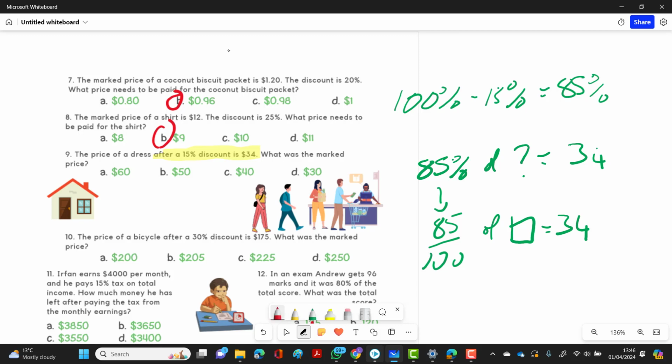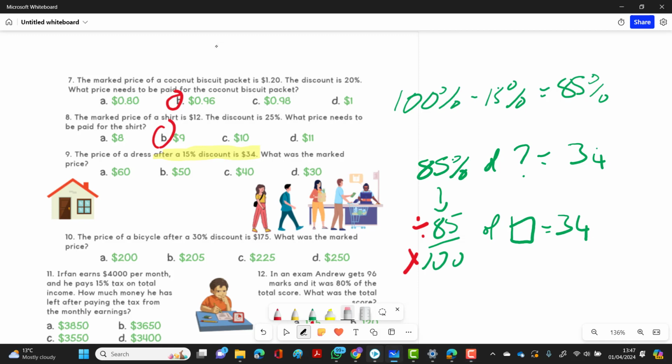Normally you divide by the bottom times the top, but if you don't know this, you divide by the top and times the answer by the bottom. So 34 times 100, divided by 85.